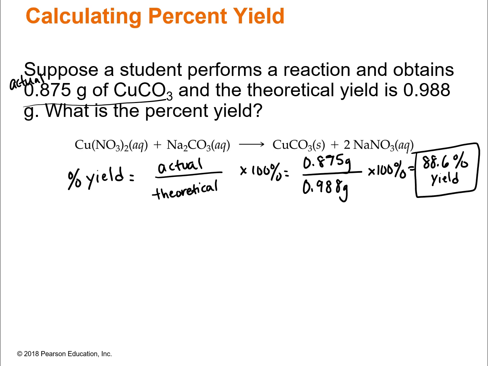You're told the actual, you're told the theoretical. You divide, multiply by 100, you're done. But you may have to calculate the theoretical using one of those stoichiometry problem types. We'll do some of those in class so you get practice doing that as well.